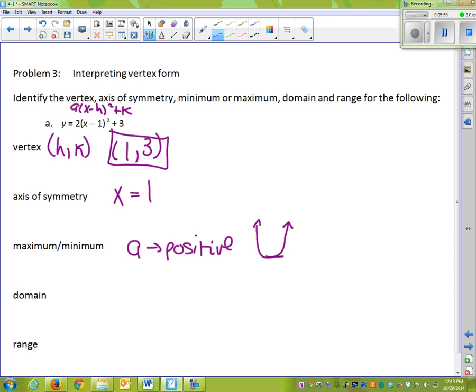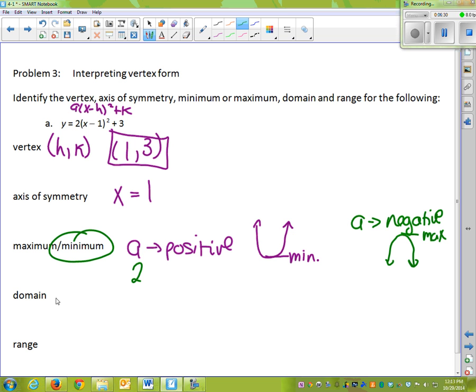This would give me a minimum value. If a was a negative number, negative people frown, my graph would point upside down, which would give me a maximum value. So in my case, a is positive 2, which means my graph opens up, giving me a minimum.